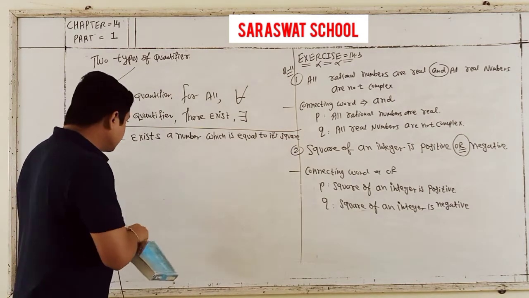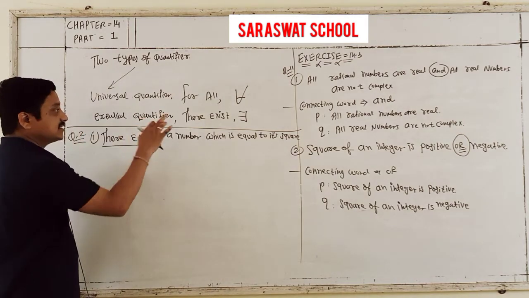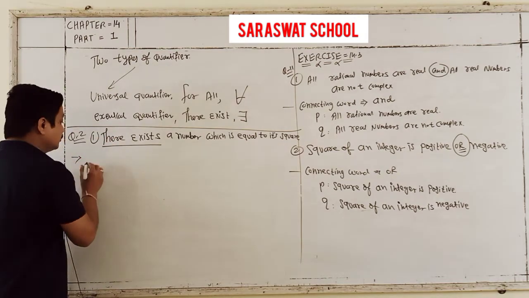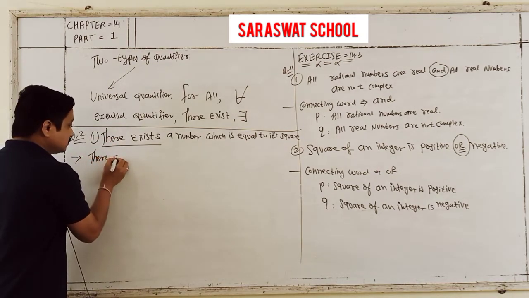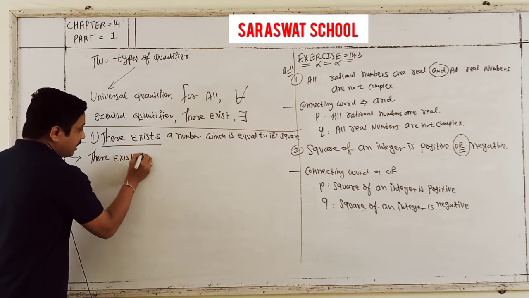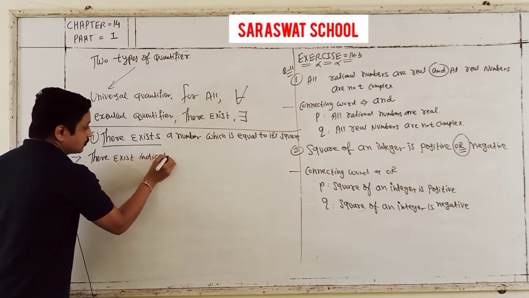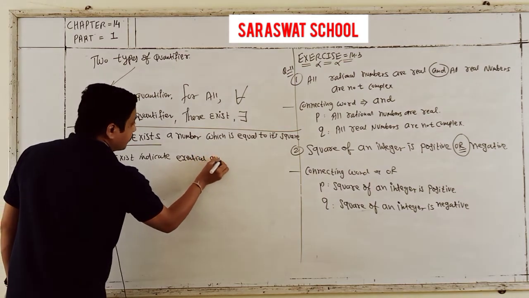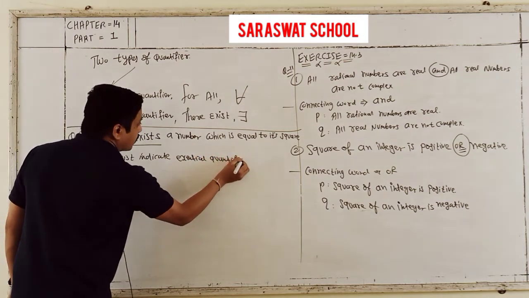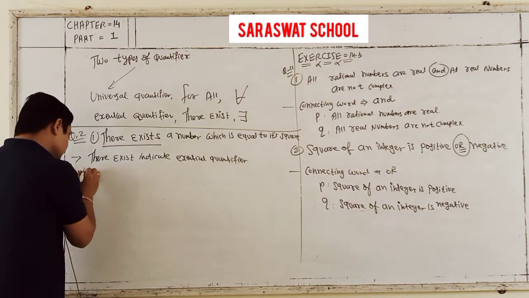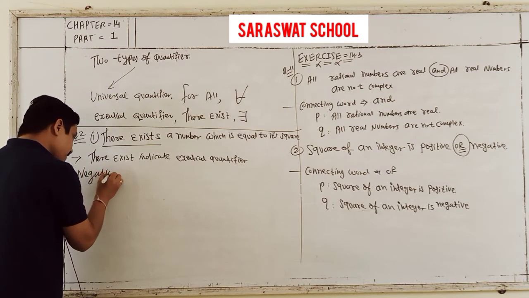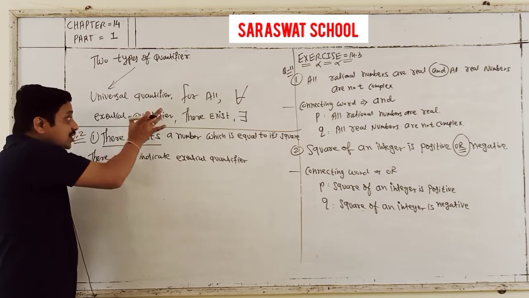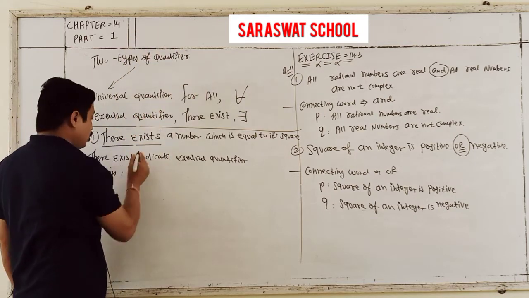Students, here underline first of all: there exists means existential quantifier. First I write down there exists, indicating the existential quantifier, and my negation is: only this I change. There exists is converted into for all.